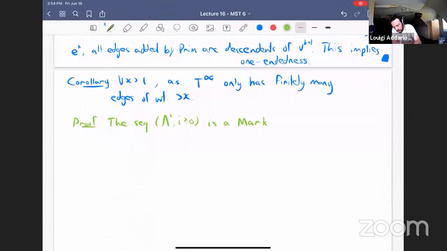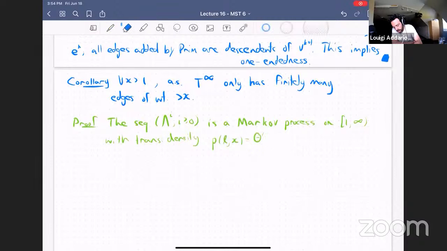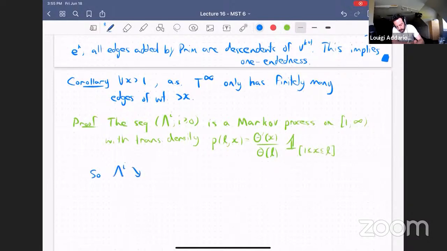So this is a Markov process on (1, infinity) with transition density p(l, x) equal to theta prime of x over theta of l, for x in (1, l). And in particular, lambda i converges to 1 almost surely, right?